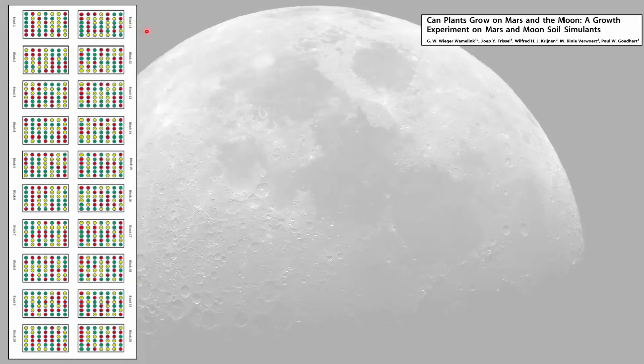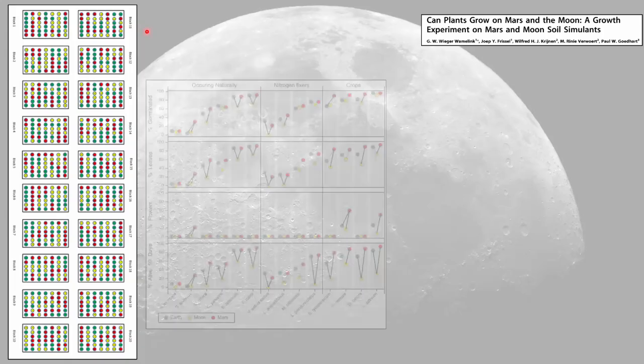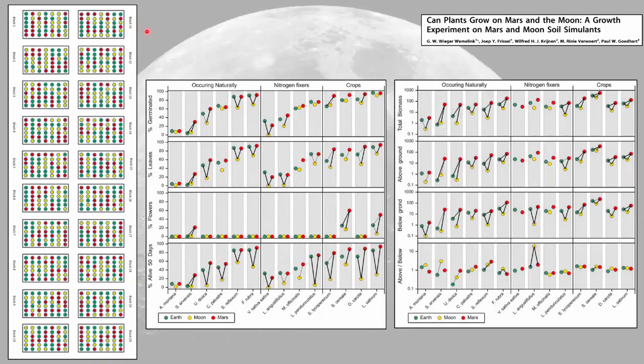So low in nutrients, but sort of the Earth negative control. And they just have all of their blocks there. It's just glorious from an experimental design perspective. Anyways, this is some of the results, the various metrics from germination to being alive at a certain time, biomass, etc. And you can see that there are differences across different plants.